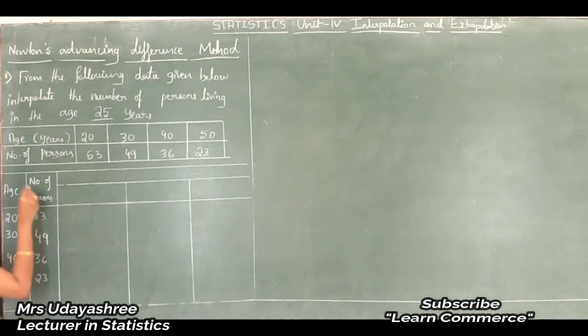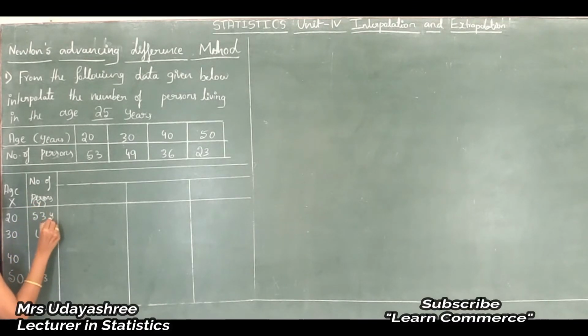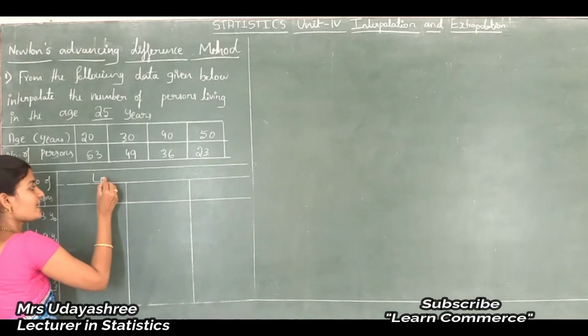Here ages are x and number of persons is y, where x is the independent variable and y is the dependent variable. The first observation is y0, next is y1, y2 and y3. So here we need to find leading difference values.